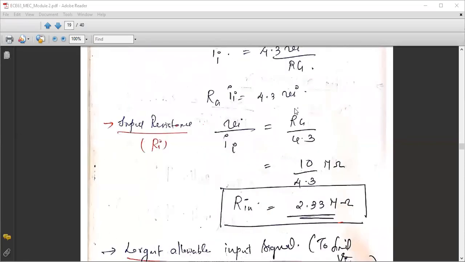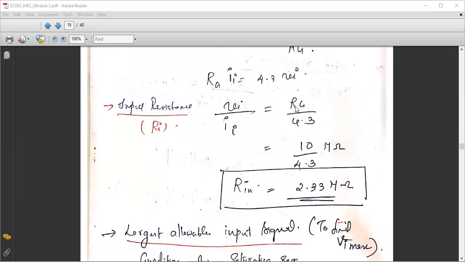Yes, 2.3 mega ohm. Everyone got this answer? Ri equal to 2.3 mega ohm. Suchit, got the same answer?